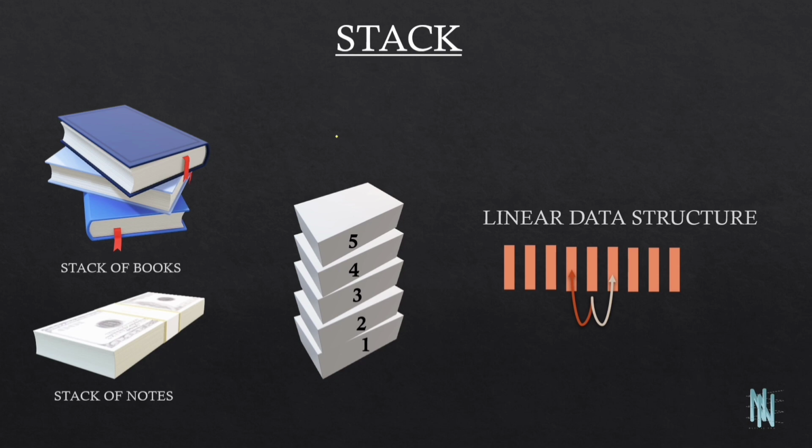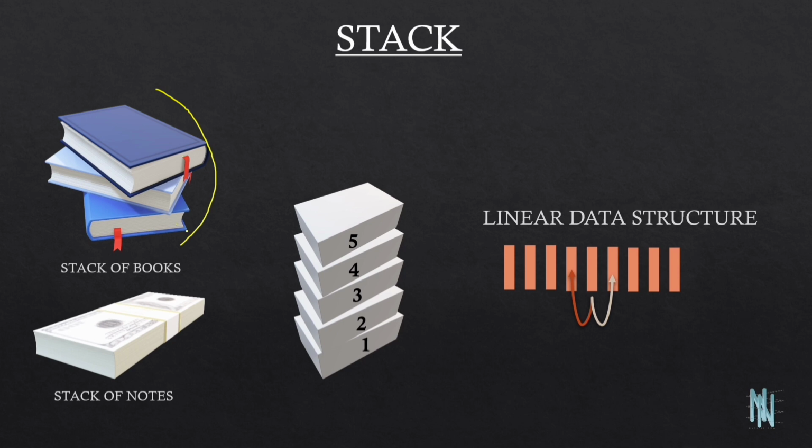Before proceeding further to the topic, let us first understand stack with basic examples. You must have seen books in this order, which is called a stack of books. The first book which you kept on the table is at the last, and the last book which you kept is at the top.